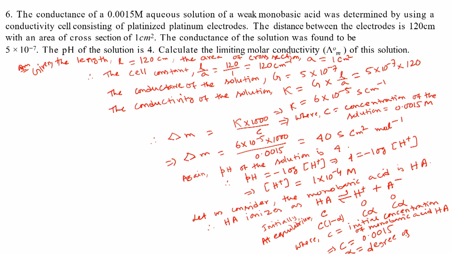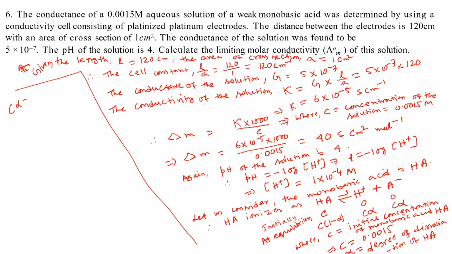Degree of dissociation of HA. So, we got the concentration of H plus at equilibrium, C alpha.